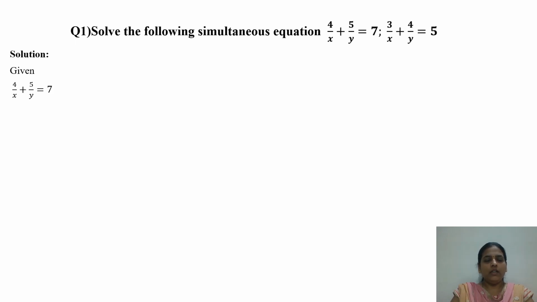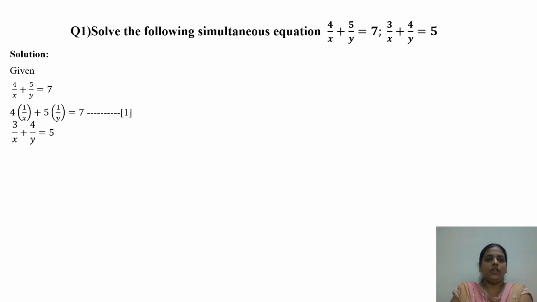This is equation 1, but this equation is a non-linear equation. So how to convert this? Just make some changes in the given equation. So how to write this? 4 into 1 upon x plus 5 into 1 upon y is equal to 7, and this is equation number 1.